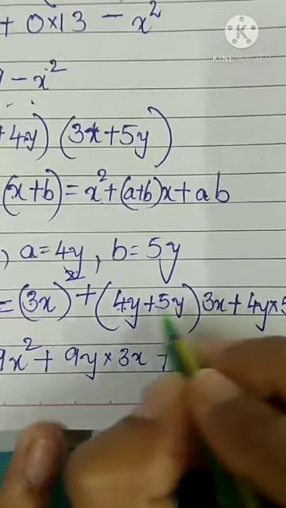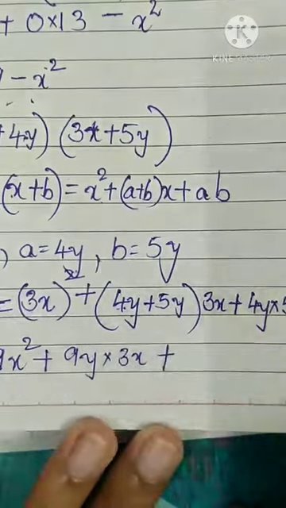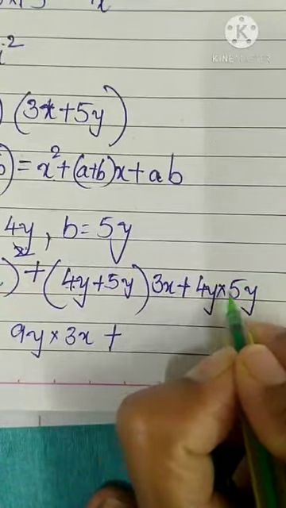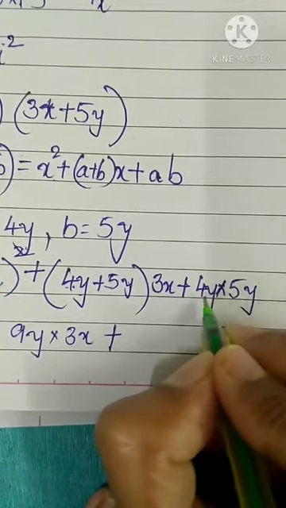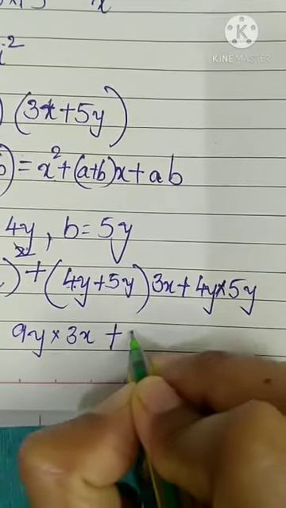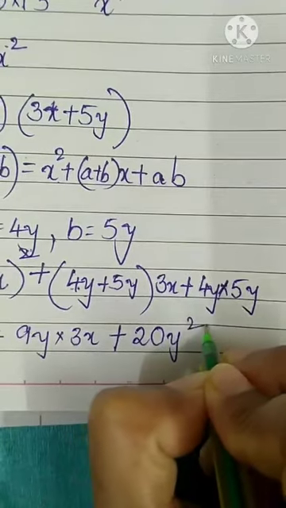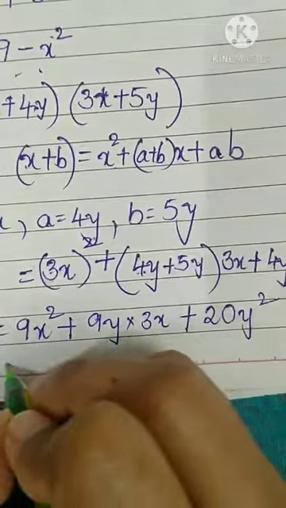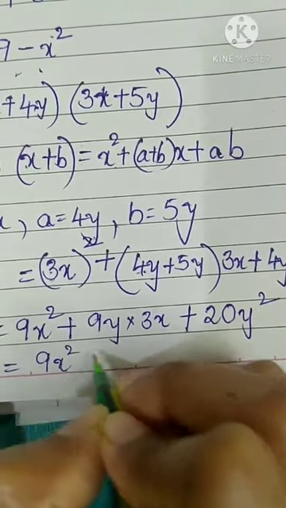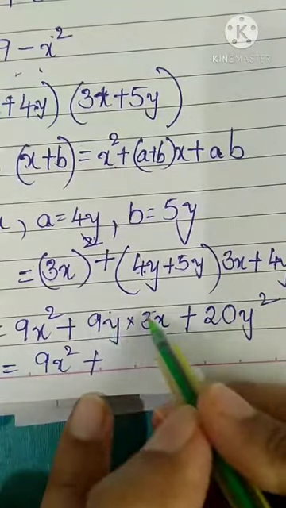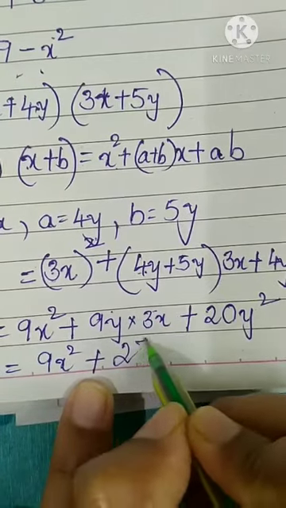Plus, if you are very good, you can directly multiply and write the final answer. Plus, see here children, you have to multiply 4 into 5, 4 fives are 20. Y into y, y square. Okay. So here 9x square plus 9 threes are 27.